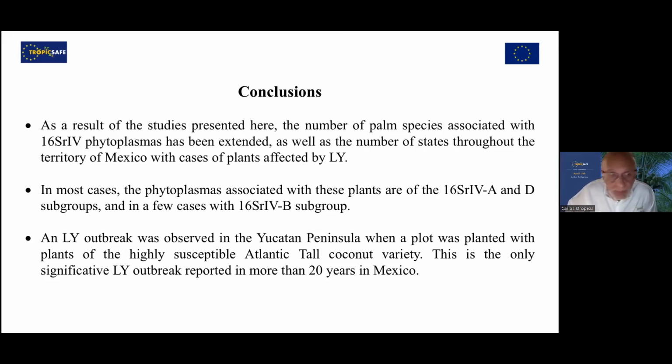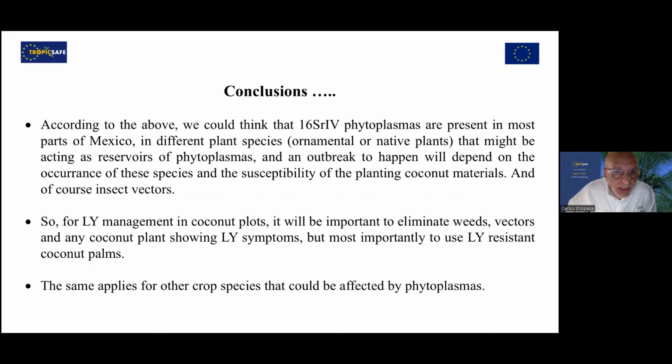And I think that the fact that it happened because susceptible material was planted, and it is not happening when resistant materials are planted, shows that the presence of phytoplasmas in reservoir plants is important only if susceptible materials are planted.